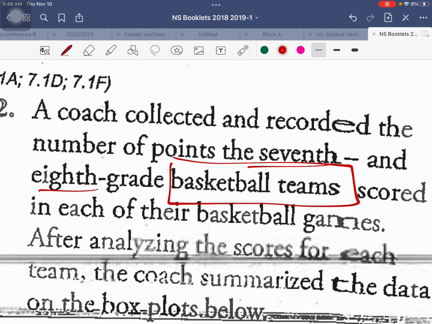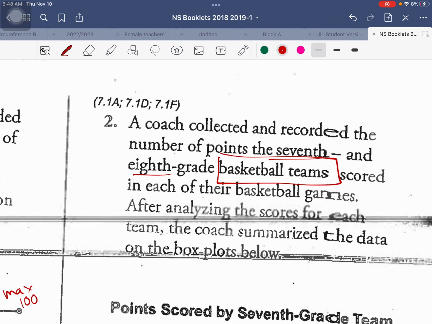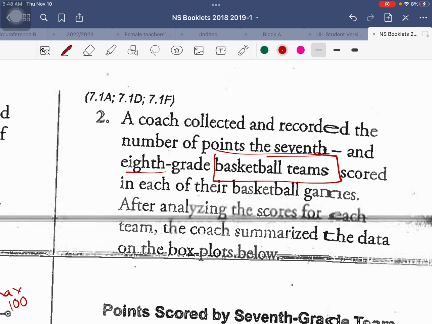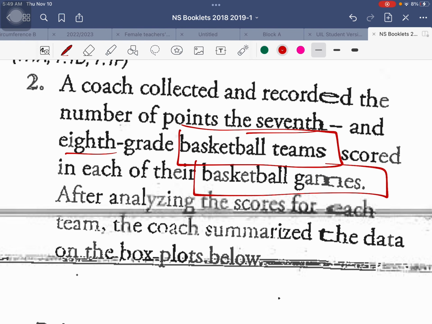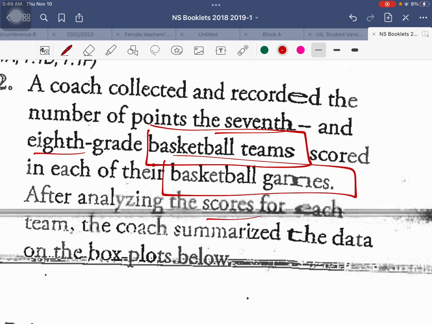Y bueno, just others as well. Como Micah, ¿verdad? Well, you get my point. Now, scored in each of their basketball. Saludos. Hi to those that I mentioned and everyone else, of course, of their basketball games. After analyzing the scores for each team, the coach summarized the data on the box plots.